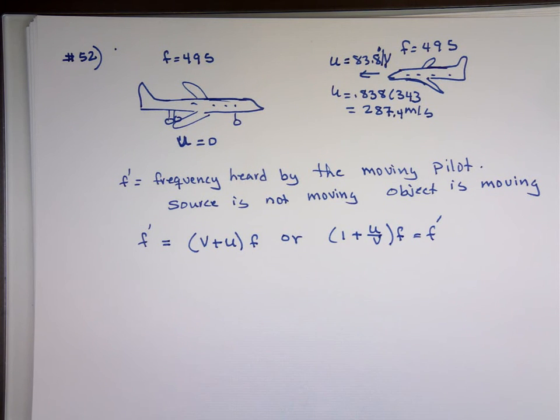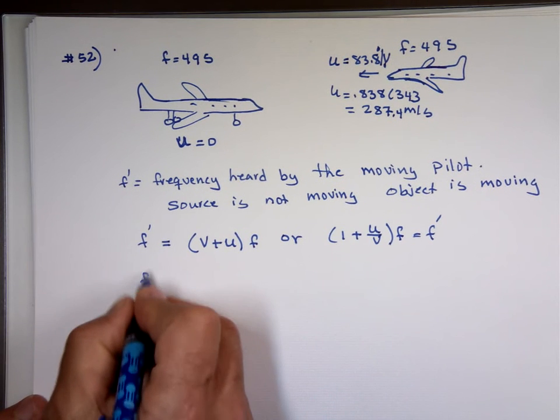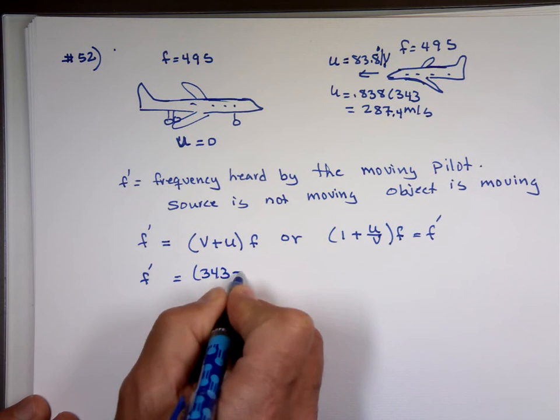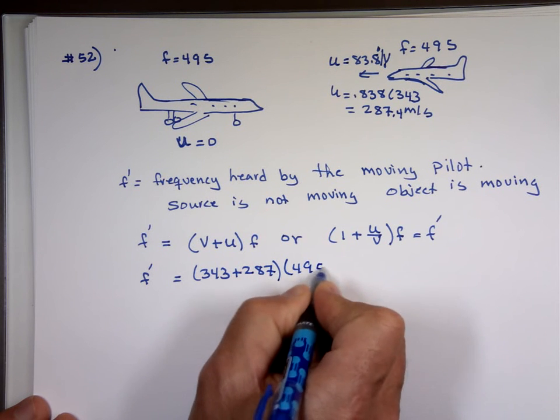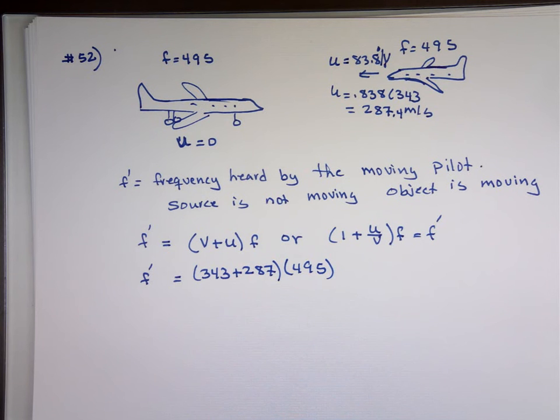So the frequency here will be 343 plus 287, over v, times f, which is 495. Something is not right.